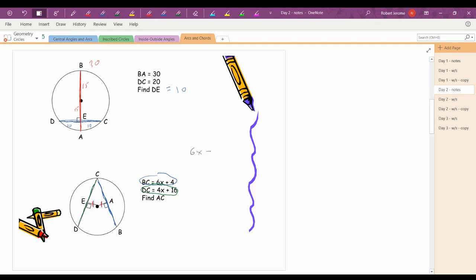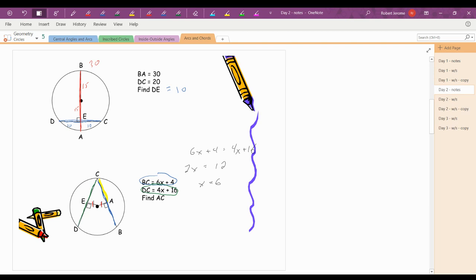So we have 6x plus 4 equals 4x plus 16. And of course, we can do some work from there. We've got a 2x and a 12, and x equals 6. And now we're asked to find AC. So we want to find AC right here, but we weren't given a formula for AC.